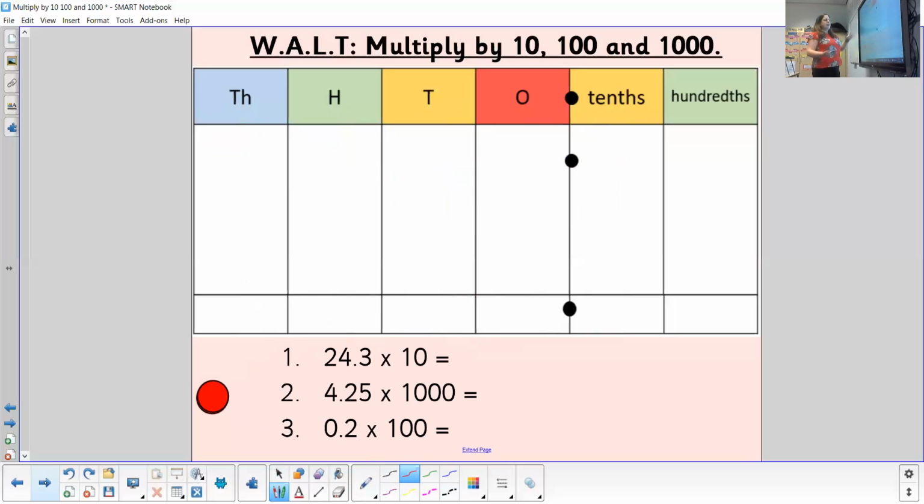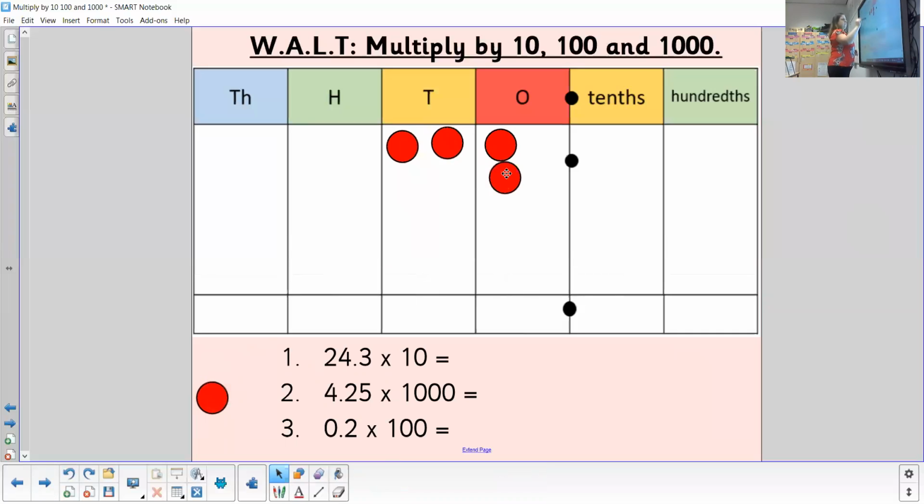Or you might not need it, but have a go at these 3 questions. Pause me while you try those. Okay, let's see how you got on. I've got 24.3. I'm going to put them in, 20, 4, .3.